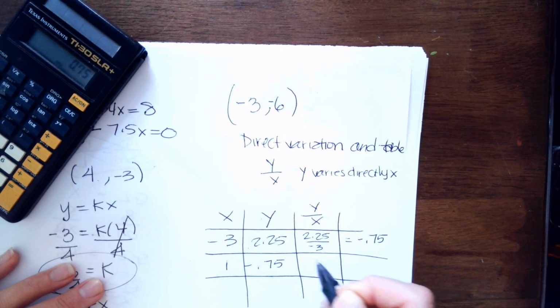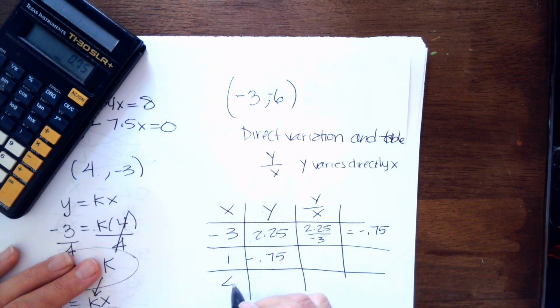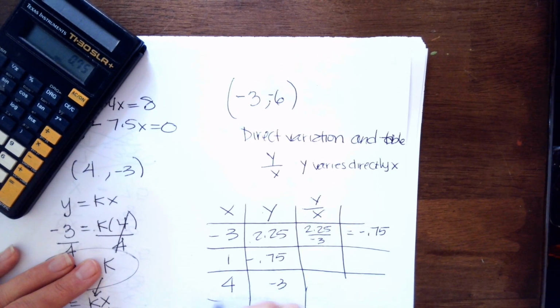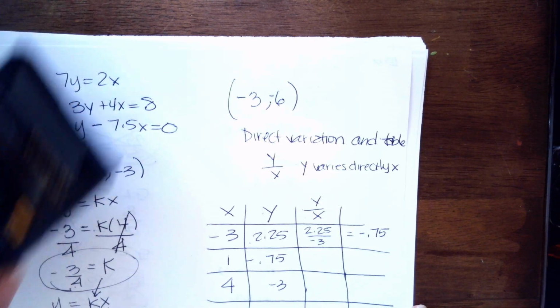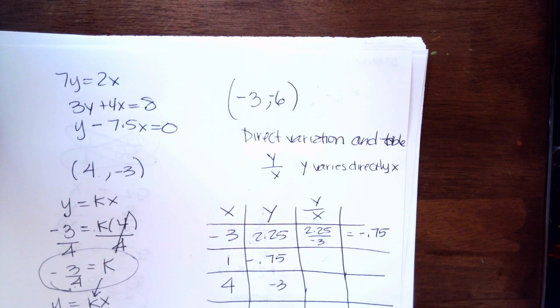So you're going to do that for the other points. So do this: 4 and negative 3, and 6 and negative 4.5. Now, if you get the same answer for all of these, the constant of variation is negative 0.75.